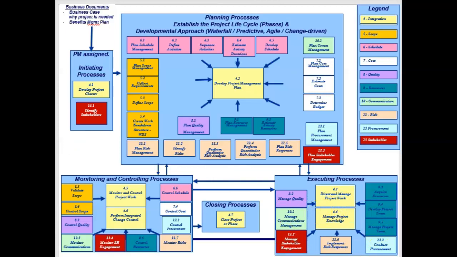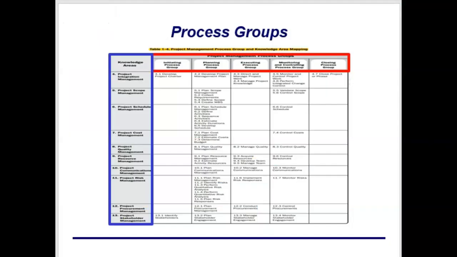Now, this is my graph. This is a summary from the PMBOK Guide, page 25. You see the process groups along the top: initiating, planning, executing, controlling, and closing. Notice you don't see the business documents because they're really not part of what the project manager is part of. You receive the business documents as an input to develop project management plan.